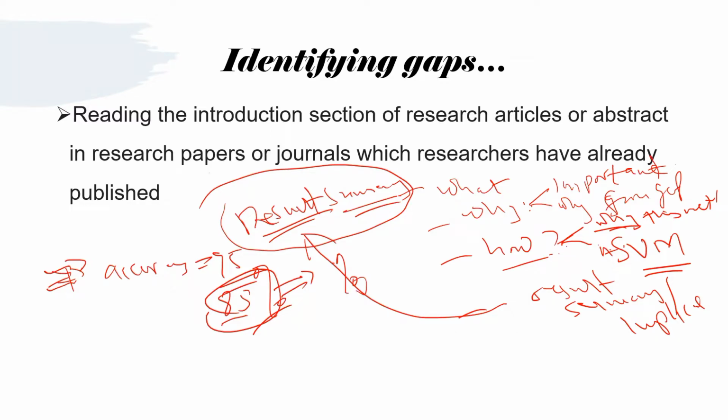We're not yet talking of how many features they used. Me looking at the result summary can point you to something to be done here. We need to improve this result. This is one way. Just looking at the result, there's a gap, there's a need for us to do it. Then sometimes you have to look at the result also: what have they achieved?